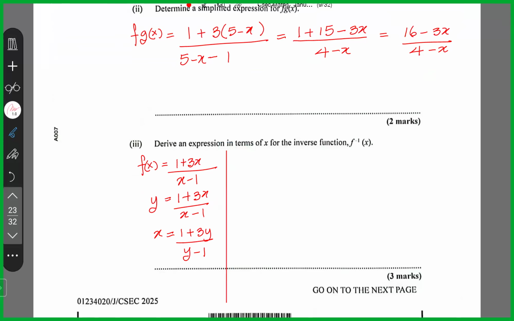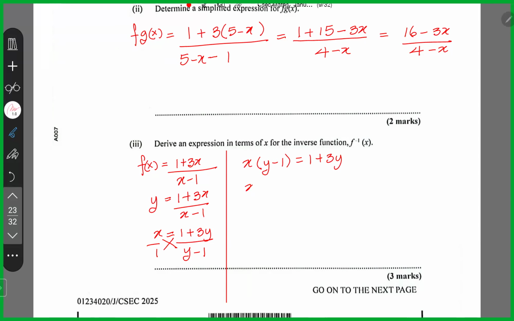So that means I need to have y by itself on the left side. So I'm going to start by cross multiplying. x times y minus 1 is equal to 1 times 1 plus 3y, which is 1 plus 3y.